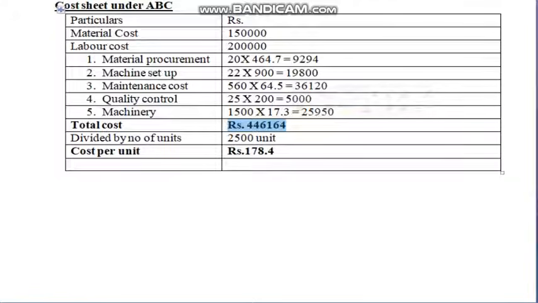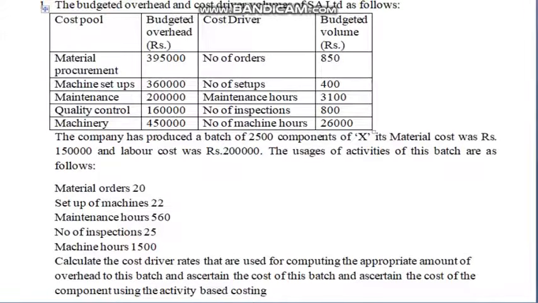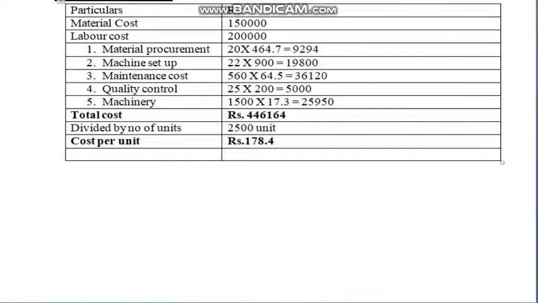Now make the total. The total will be 4,46,164 rupees. This total cost of 4,46,164 rupees was incurred to produce 2,500 components. In this problem, the total number of units produced is 2,500 components.